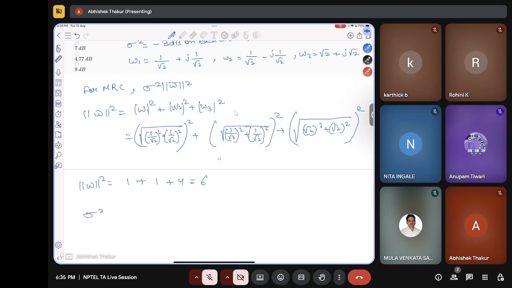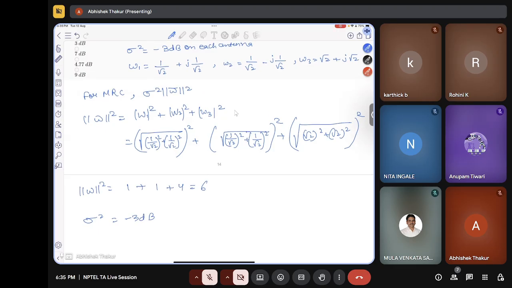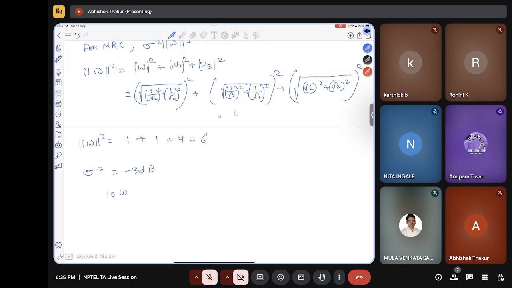And sigma square is given in dB as minus 3 dB. So we can write 10 log 10 sigma square is minus 3. So log 10 sigma square will become minus 0.3.